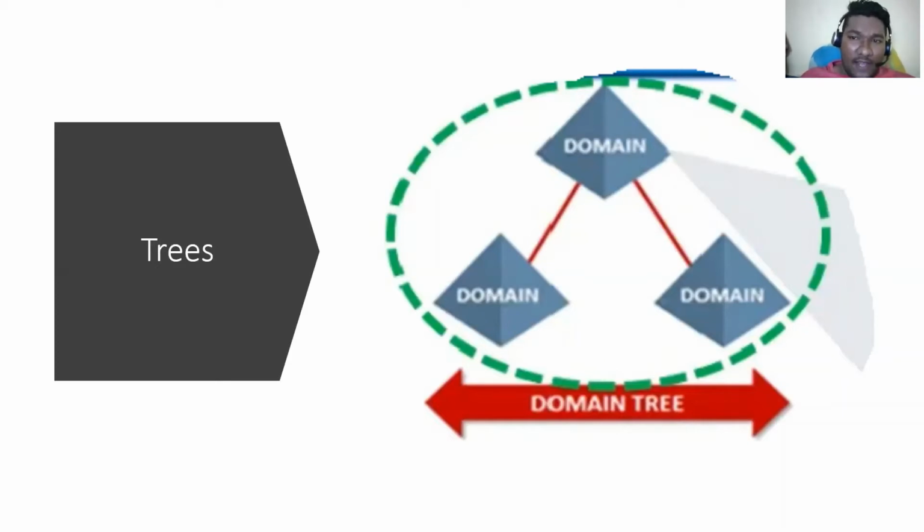So the same here: Usman.com and a.usman.com. Here Usman.com is a parent and a is a child of Usman.com. Okay, hope you have understood what are trees.